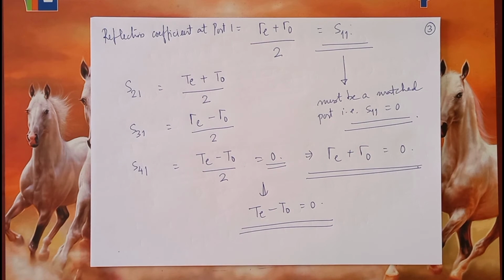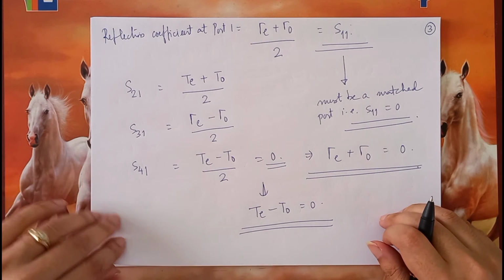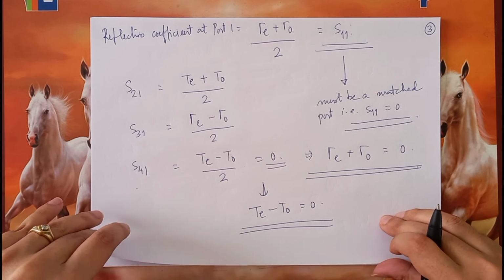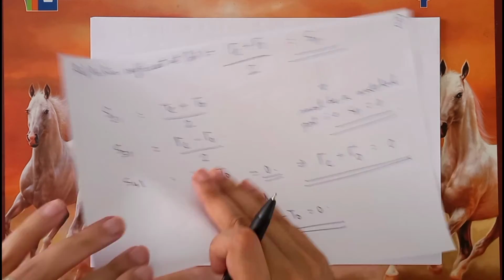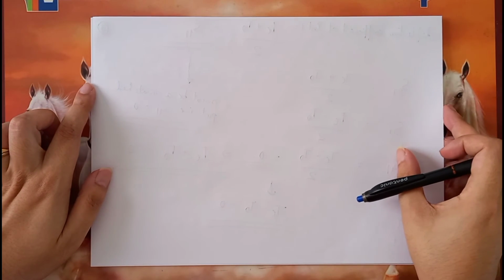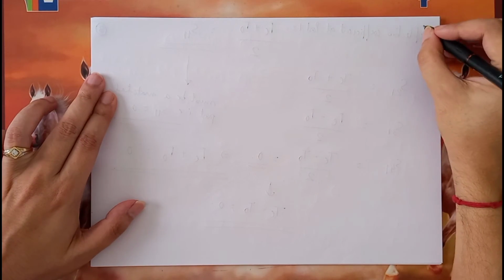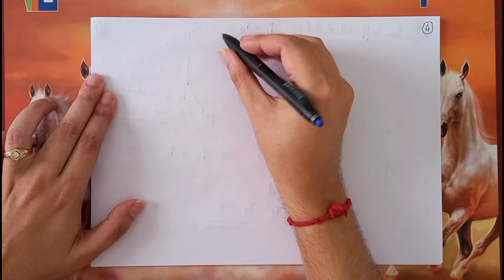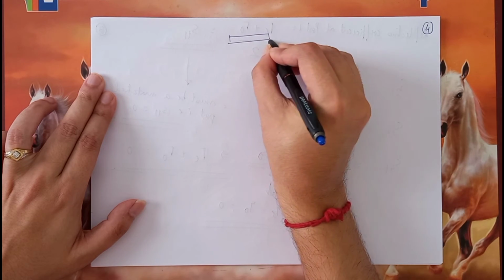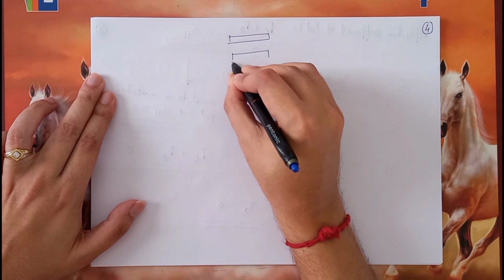So what happens over here now is that we need to look at this analysis in a little bit more detail. Therefore, we will go back to the definition of the coupled line coupler, which was something like this, which had two conductors in close proximity.